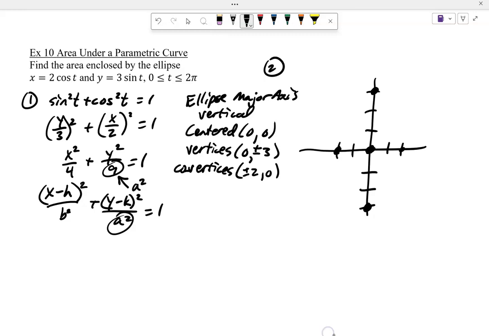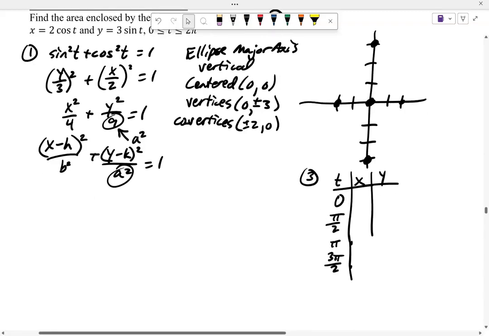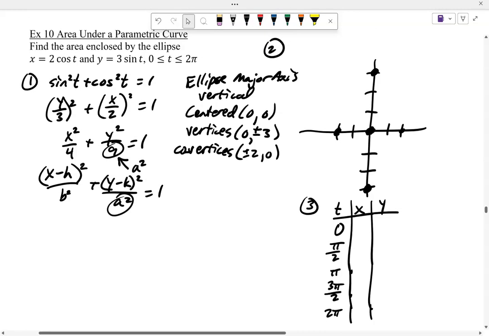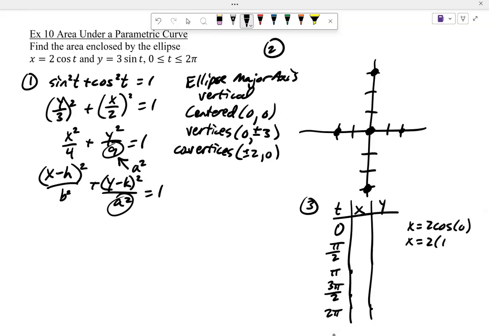Step 2. If you wanted, you could plug in some values as well. You're going from 0 up to 2 pi. You're throwing in the x is 2 cosine of 0, which I know is 1.